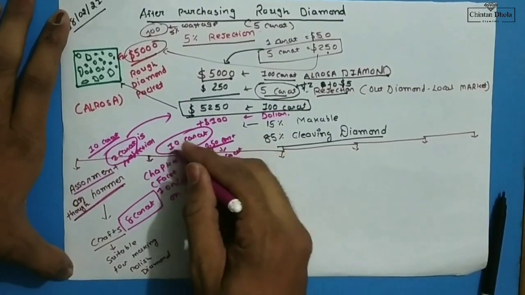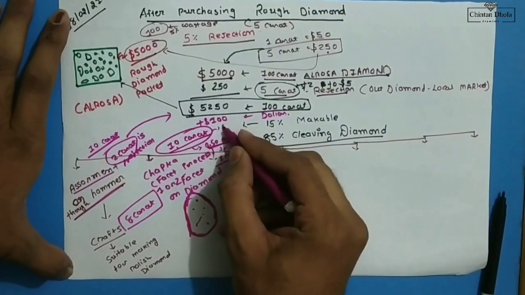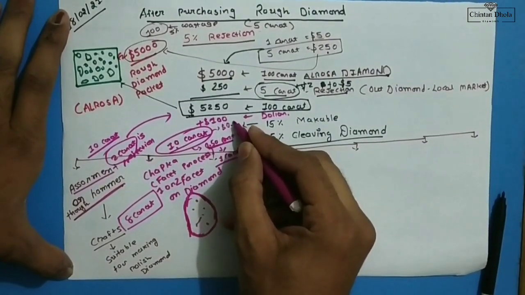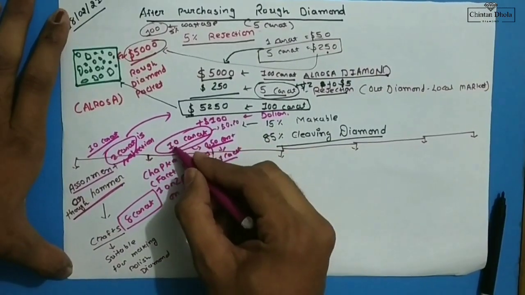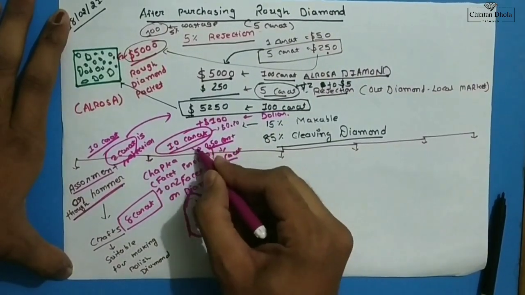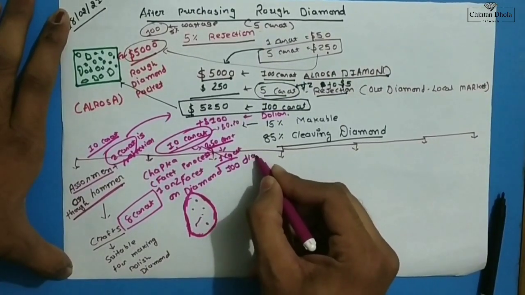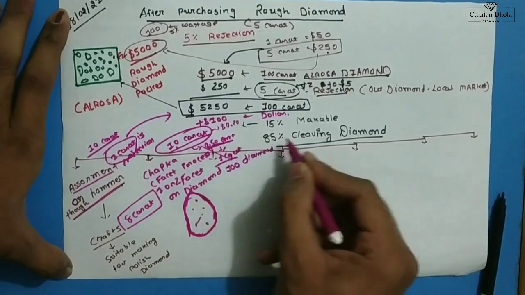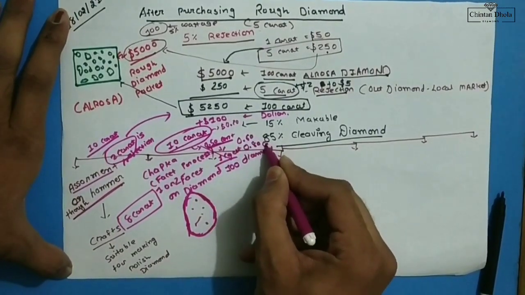So in chapkas, if you get 10 diamonds in this, you lose about 20 to 30 cent. But if you have a bigger size, like in this 10 carat you have 100 diamonds, the cent weight loss goes to 60 to 80 cent.